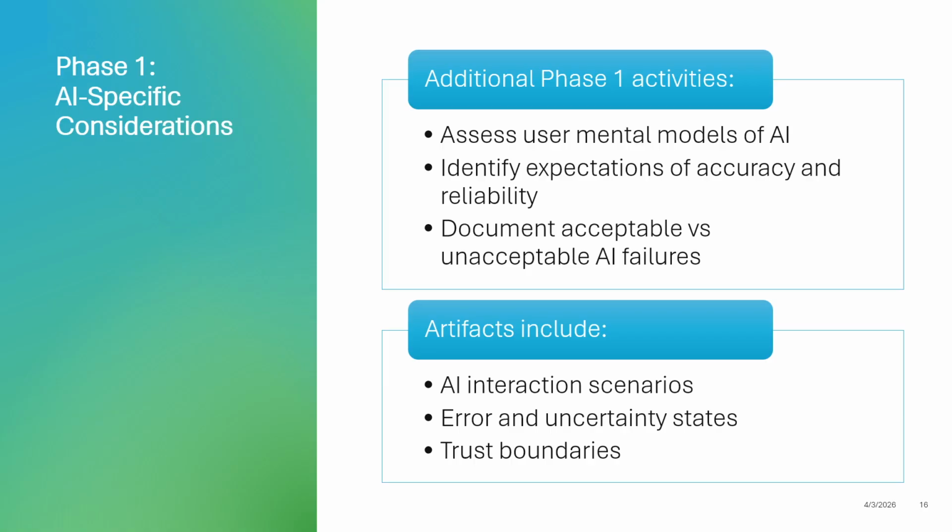Then we need to document what is acceptable and what is not acceptable in the case of AI failure. The artifacts we can produce here are scenarios where users interact with AI. We can create states of error and uncertainty, and we definitely need to create trust boundaries.